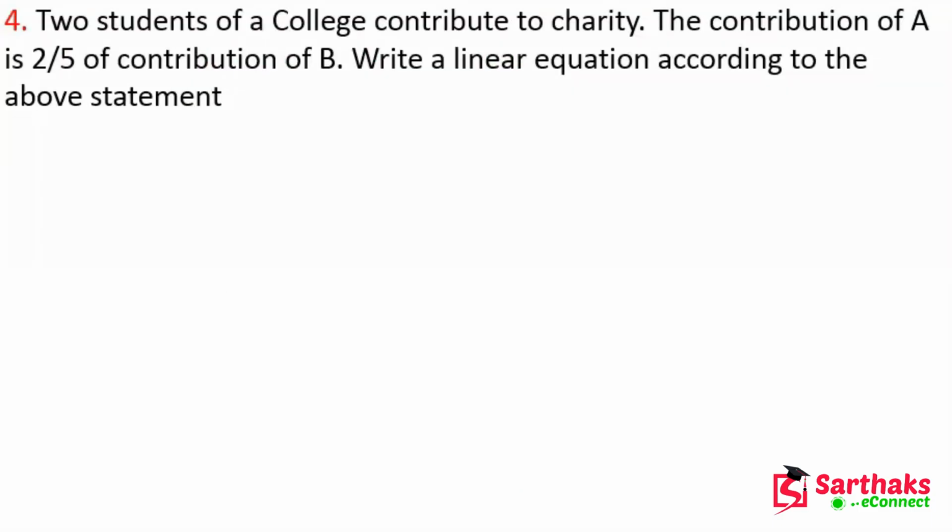So the next question, question number 4, is: 2 students of a college contribute to charity. The contribution of A is 2 upon 5 of the contribution of B. So my dear friends, write the linear equation according to this statement.